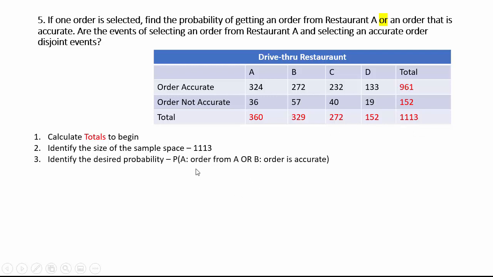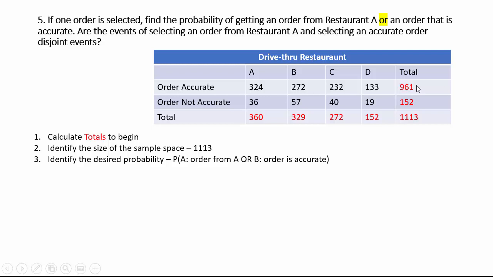In this case, we have kind of an addition problem, which is the probability of A, an order from A. So we're talking about all these orders right over here, 324 and 36, or these 360 orders, plus this second event, B, in which the order is accurate. All the accurate orders are up here on top: 324, 272, 232, 133, for a total of 961 orders.